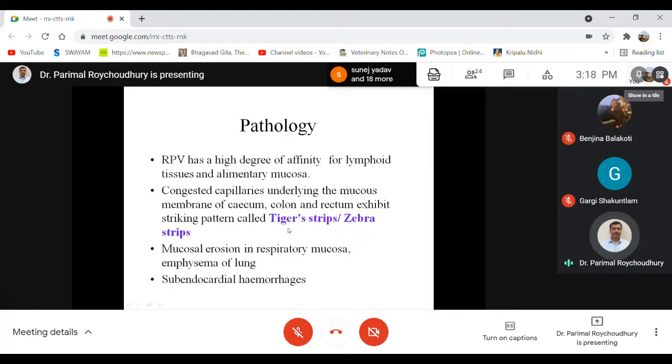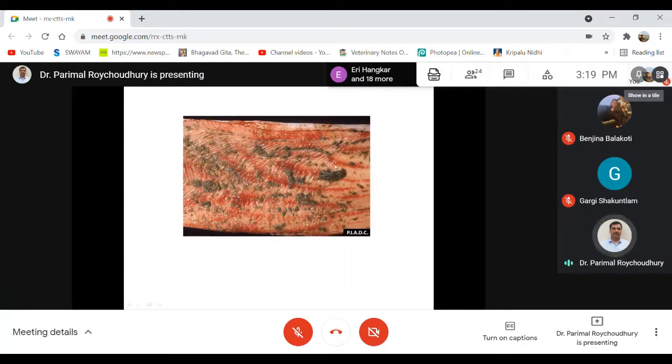Mostly the pathognomonic lesions, you can see the tiger stripes or zebra stripes that are produced in the cecum, colon, and rectum. So this is the mucosal enfolding, like in the epithelium, the inflammatory reactions are produced, and it appears as red hemorrhagic stripes and white, red and white, like that.